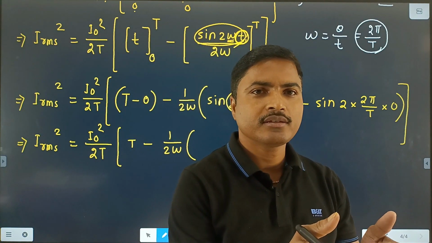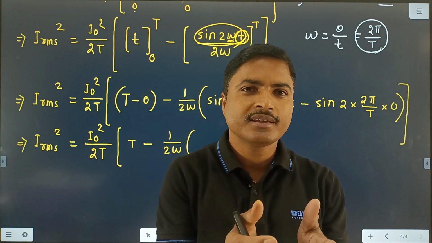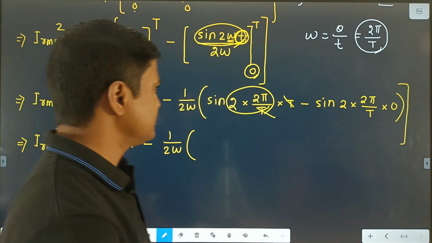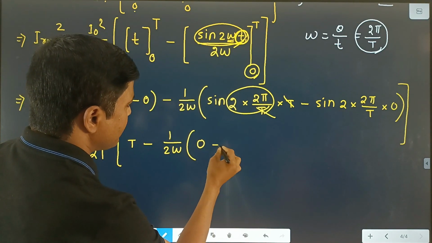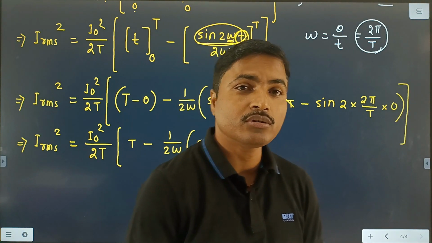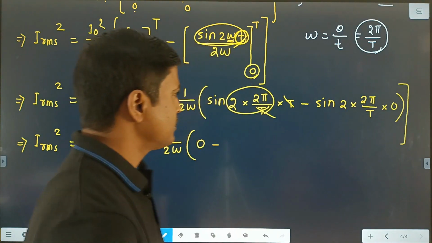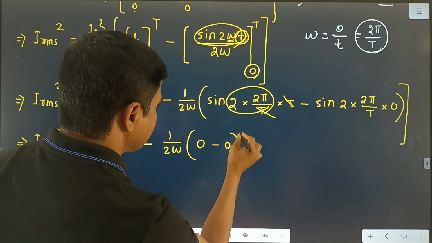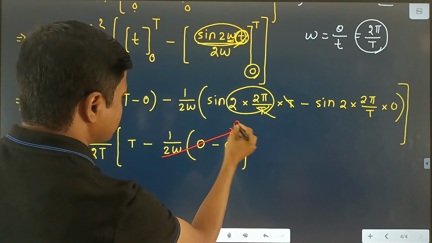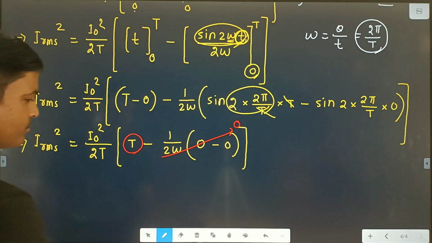Sin 4 pi is the same as sin 2 pi, the same as sin 0. You know the value of sin 0. Sin 0 means 0, minus this quantity multiplied by 0, that is also 0. So sin 0 is also 0. That means 0 minus 0, that is 0. So this total term becomes 0. Only remaining is capital T.